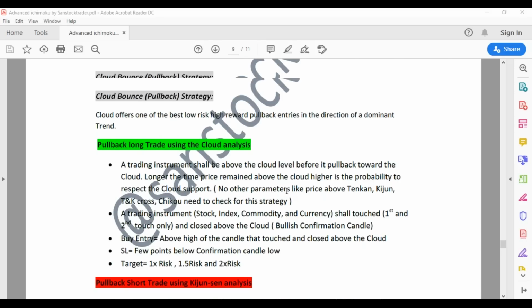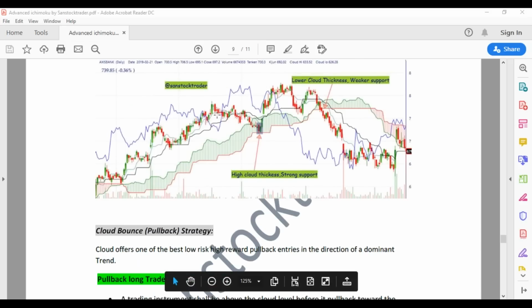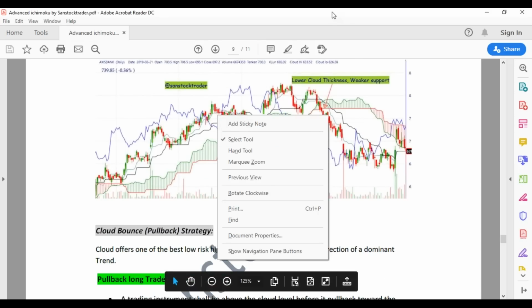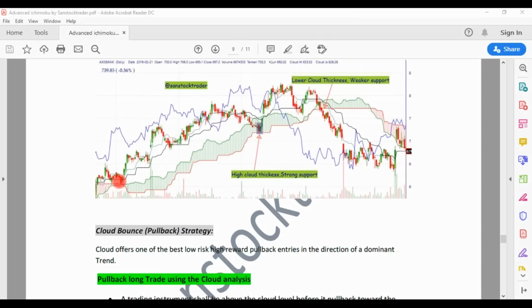What does that mean? Here one can see that price was above the cloud for a long time, from this point till this point, continuously above the cloud. So I can say price spent a long time above the cloud.